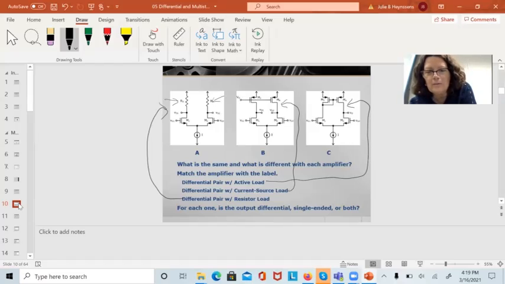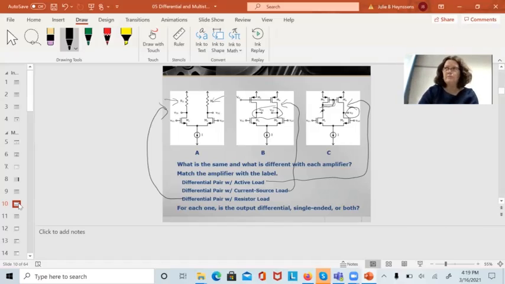The only difference between the two, I put the strap on here between the gate and the drain, which means my drain voltage here is by default VGS. I have a single-ended output off of this one, whereas on the other one, the current source load, I have a differential output.